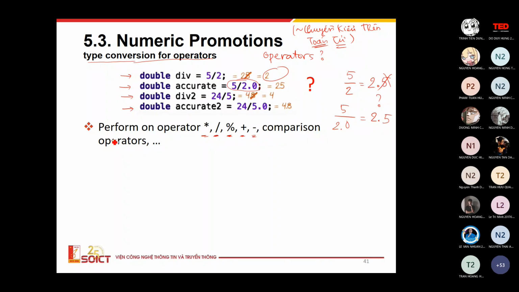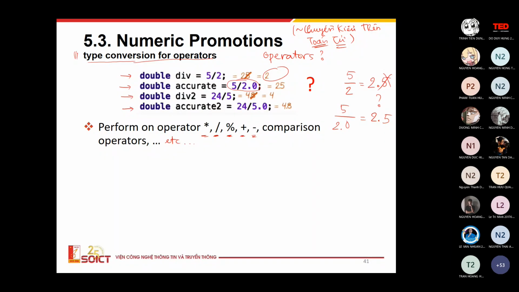Okay, all other comparison operators, etc. Okay, tức là cái thực hiện chuyển kiểu trên toán tử này nó chỉ xảy ra trên một số toán tử thôi, không phải tất cả các toán tử nhé. Ví dụ phép nhân chia, lấy phần dư, phép cộng, phép trừ hai số hạng, rồi các cái phép so sánh, các cái toán tử so sánh, thì cái numeric promotion này sẽ xảy ra trên những cái toán tử đó.